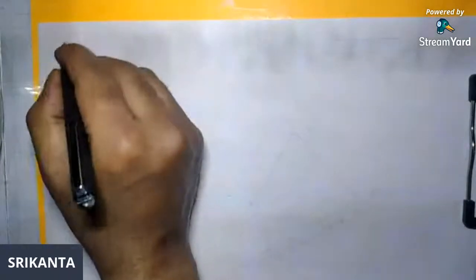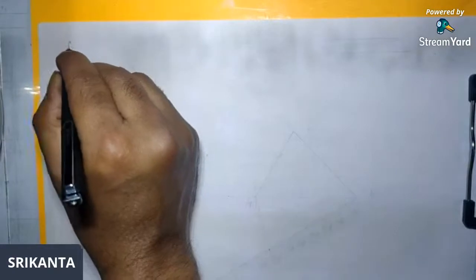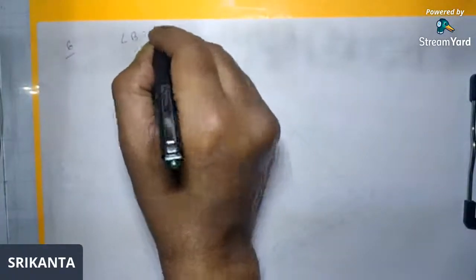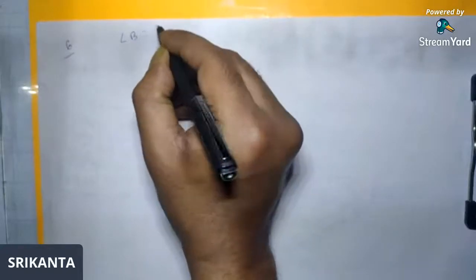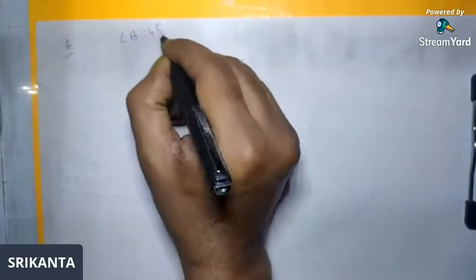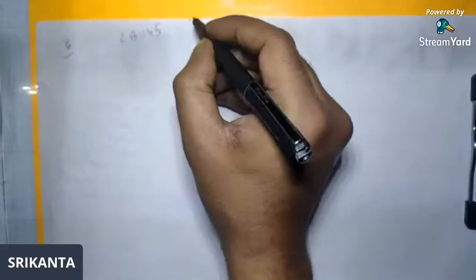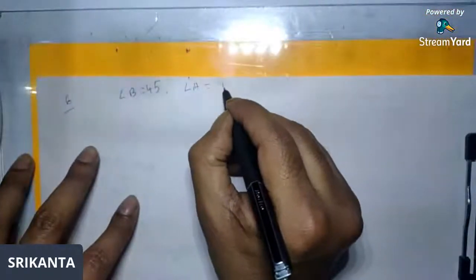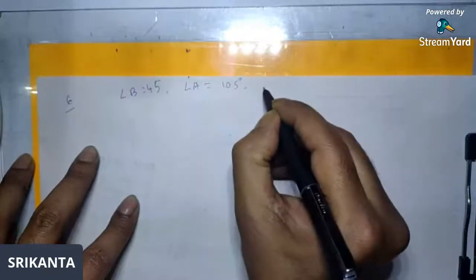So here it is given in question number 6. Angle B is given 45 degree, angle A is given 105 degree.